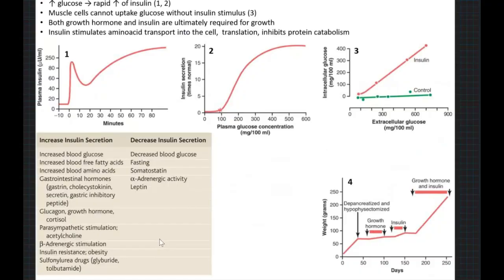Now, these are some interesting graphs that I want you to appreciate. So, after the stimulation with glucose, blood insulin levels spike and then steadily increase over time. You can also see that the insulin secretion is dose dependent.